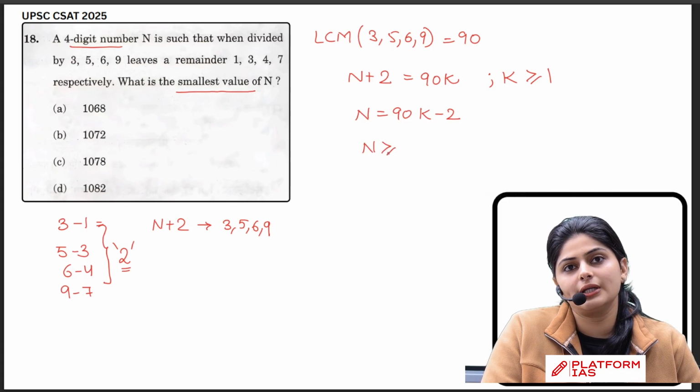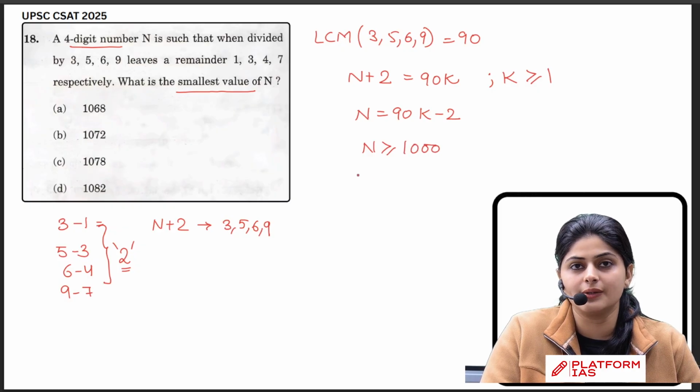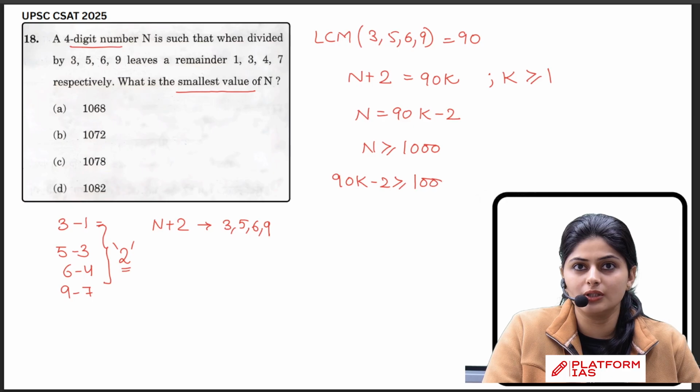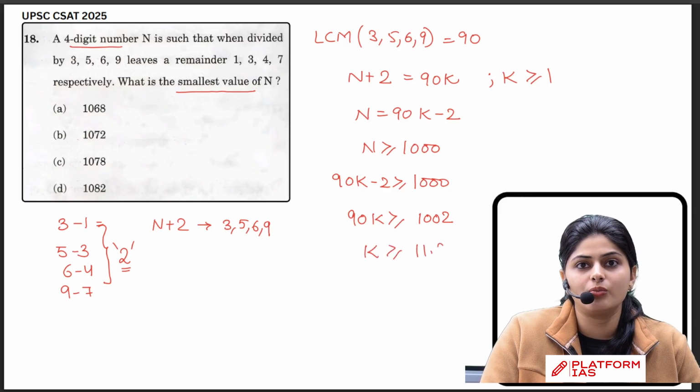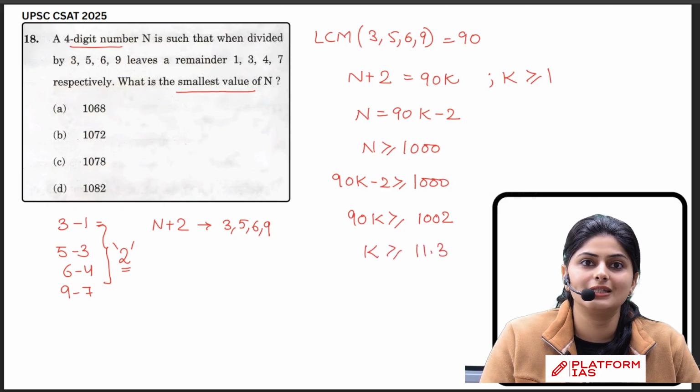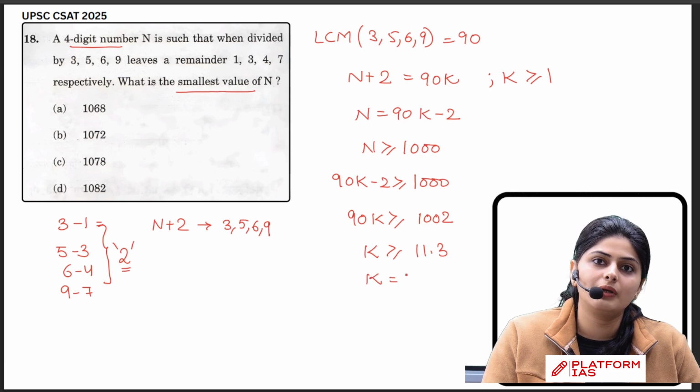So n should be greater than or equal to 1000. That means 90k minus 2 is greater than or equal to 1000. Further solving this, we get 90k is greater than or equal to 1002, which gives k greater than or equal to 11.3. Now since k is an integer, k will be equal to 12.